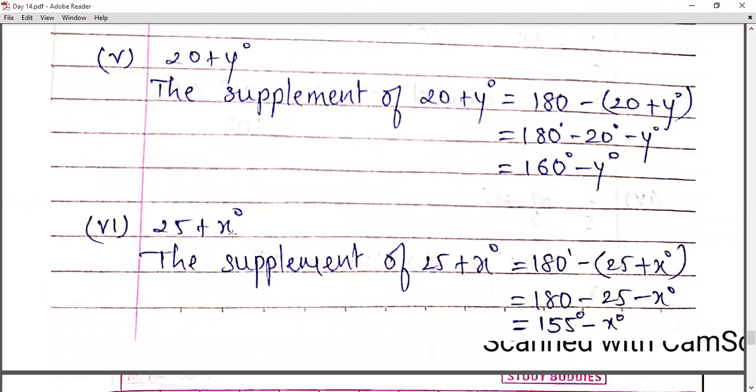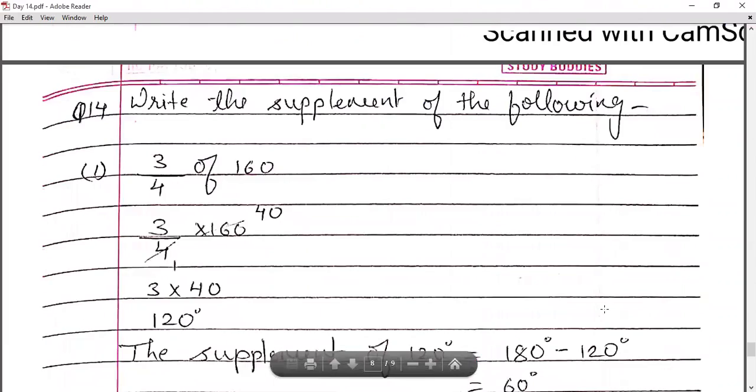Next, 25 plus x degrees. The supplement of 25 plus x degrees is 180 minus (25 plus x) degrees. Opening the bracket with a minus sign will give you minus 25 minus plus minus x degrees. So you'll get 180 minus 25 as 155 degrees minus the variable x degrees as it is.